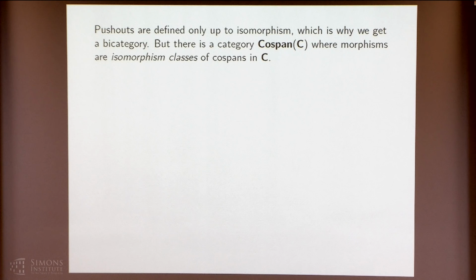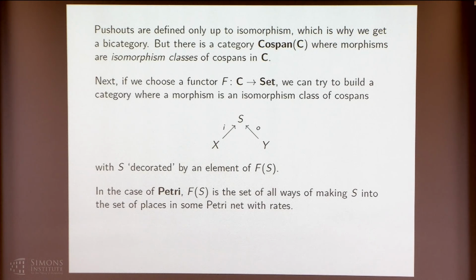You need a fancy structure to say that composition is associative only up to isomorphism, and that's a bicategory. But I don't want to get so fancy, so I'm just going to work with a category called Cospan of C, where the morphisms are isomorphism classes of cospans. I'll be glad to answer questions about that later, but this is perhaps a little technical if you're not into this stuff.